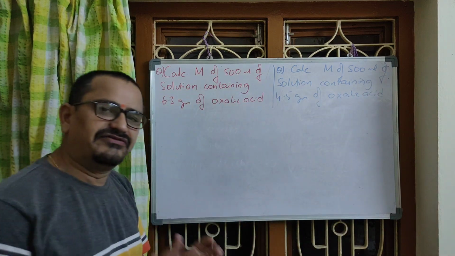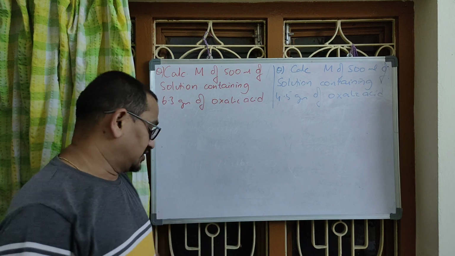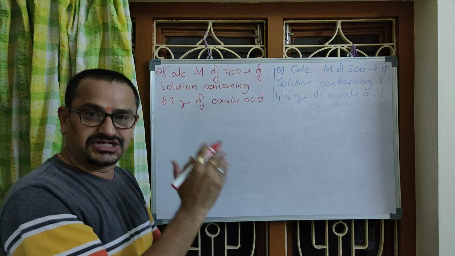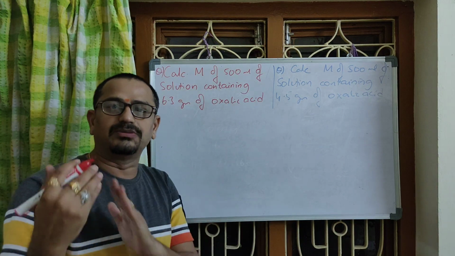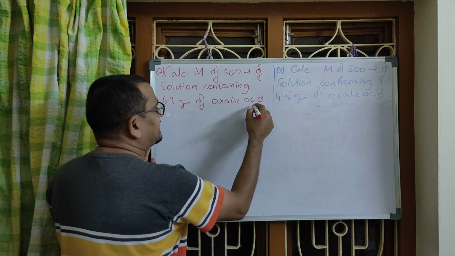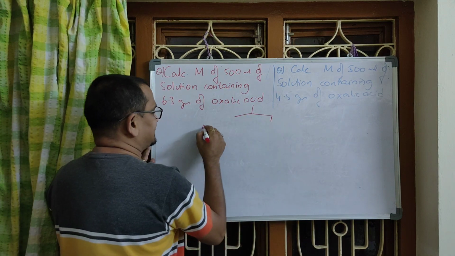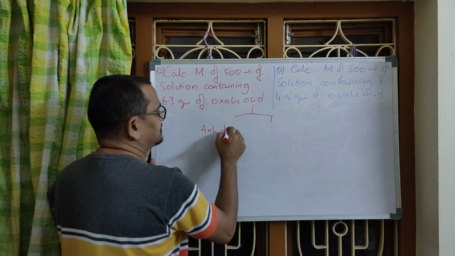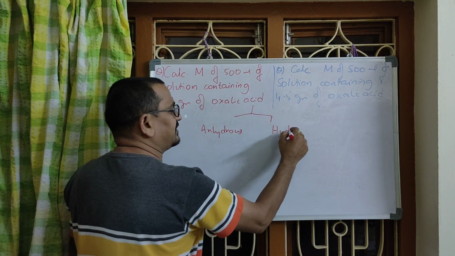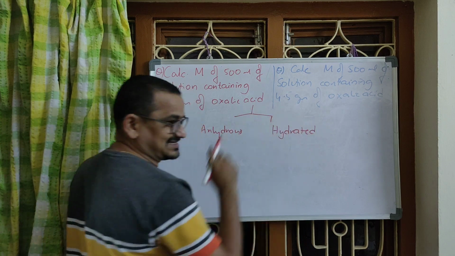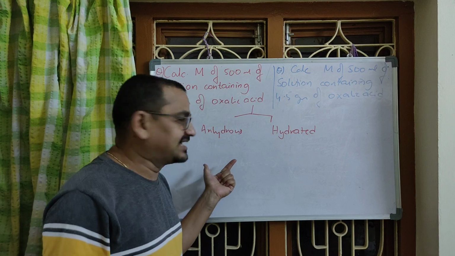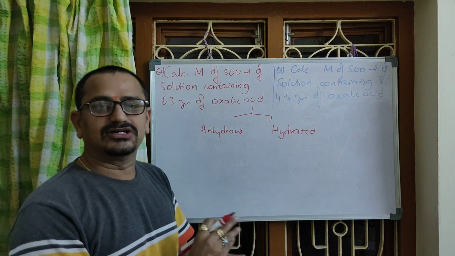There is a point of difference here between the two, because whenever oxalic acid is given in the question, we have to immediately consider the types of oxalic acid. Oxalic acid is of two types: one is anhydrous oxalic acid and the other is hydrated oxalic acid.